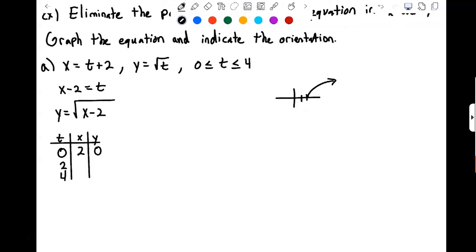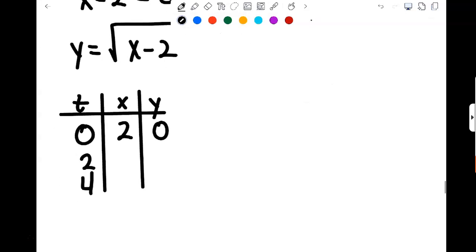So we're starting at the point (2, 0), which is going to be this point right here on the graph. And then we plug in t equals 2. We'd have 2 plus 2 is 4, and then the square root of 2. And then finally plug in 4. 2 plus 4 is 6, and the square root of 4 is 2.